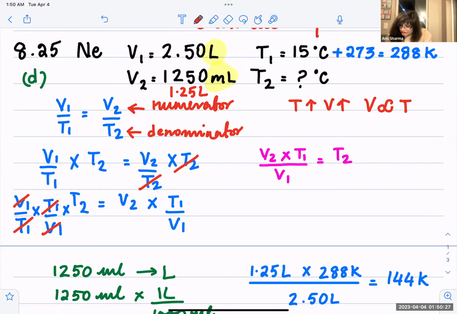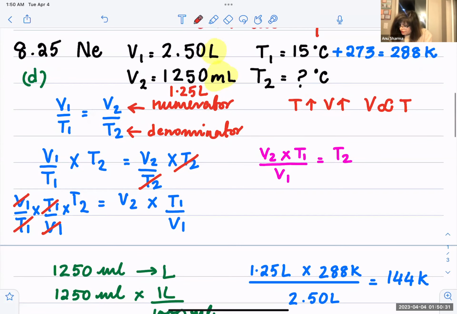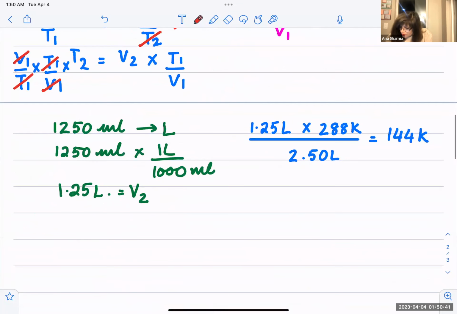Okay, so here we see that the volume has gone down, so the temperature should also go down. So the answer of 144 is correct. Okay, so this is coming out to be 144 K, but we need to convert that into Celsius. So 144 K, convert that to degrees Celsius.